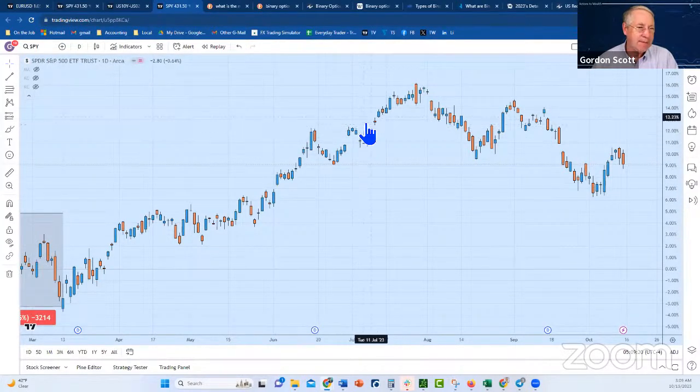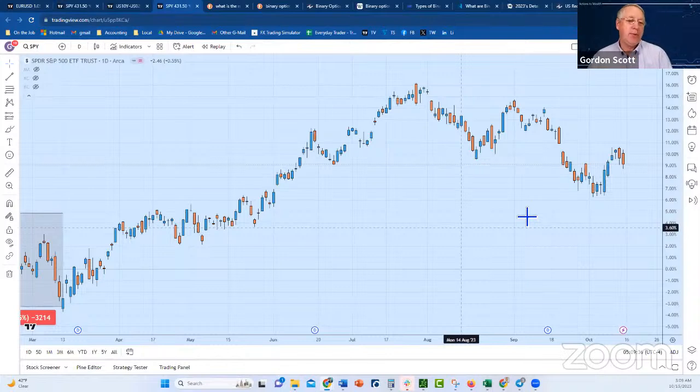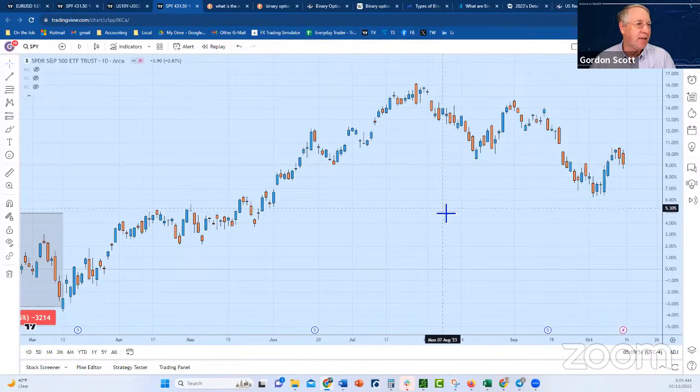This one topped out here in late July and then started coming down. So what does that mean? Well, I feel like that is an indication that you're going to see continued weakness in the euro, at least for a little while, continued strength in the US dollar, and continued weakness in the S&P 500.